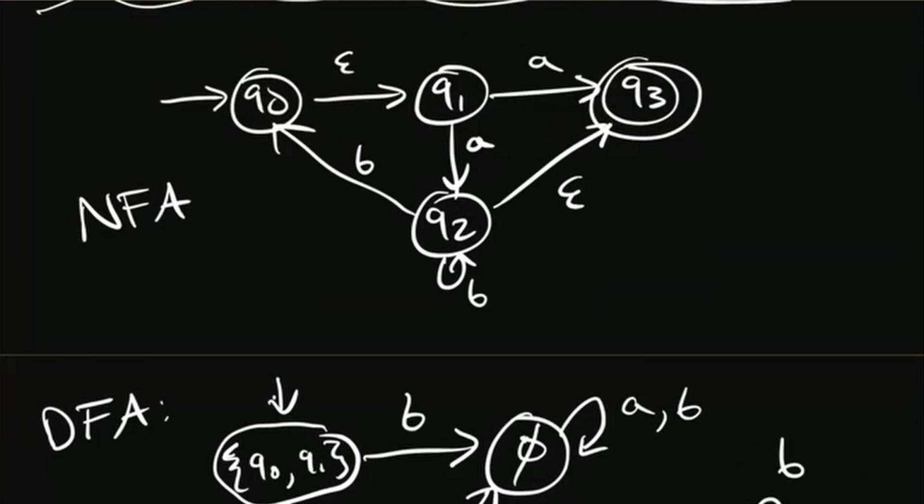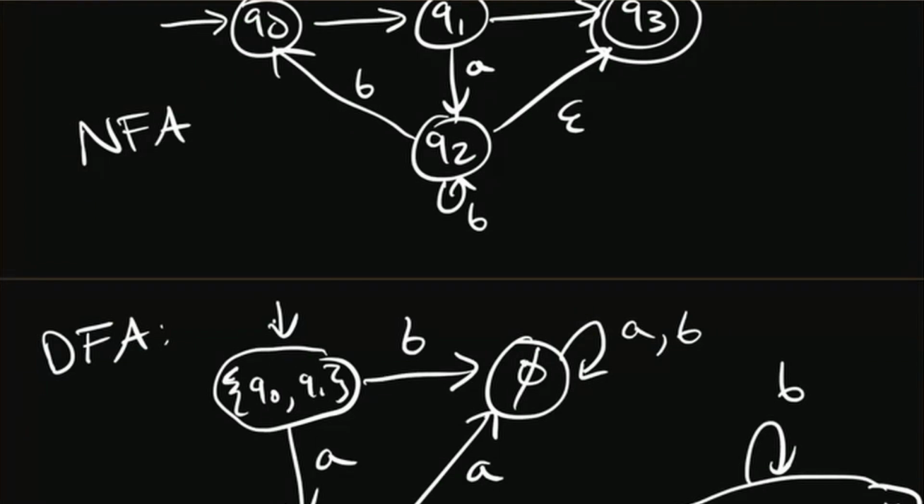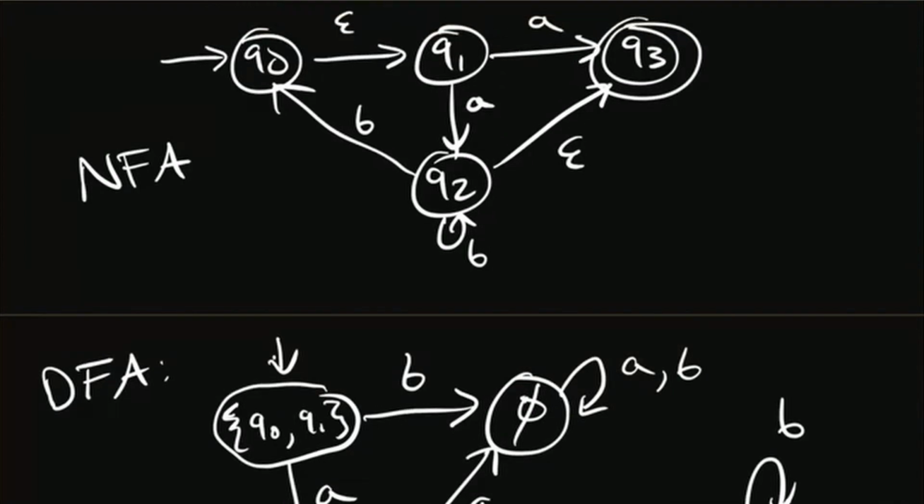Well, where does 0 go on A? Nowhere. Great. 1 on A. So 2 and 3 so far. Where else can we go? What about Q2 on A? Where does it go? Nowhere. 3 on A. Where does it go?